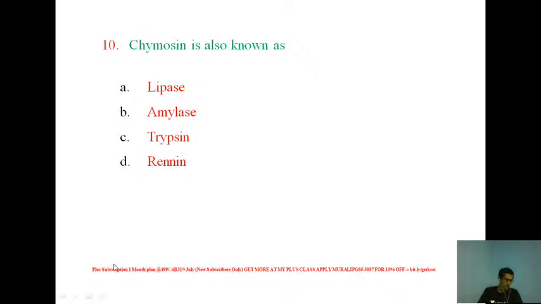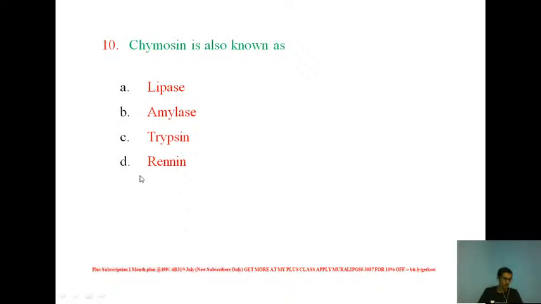Now, what is chymosin? Chymosin is also known as what? Lipase, amylase, trypsin and rennin. What is the alternate term for chymosin?